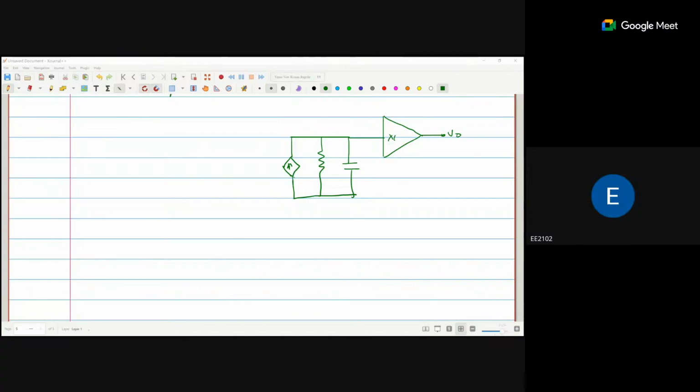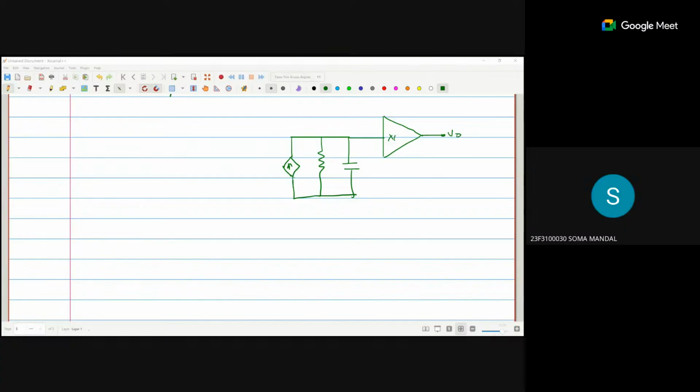Do you have the lecture name also? Sir, it is a second order low pass filter.